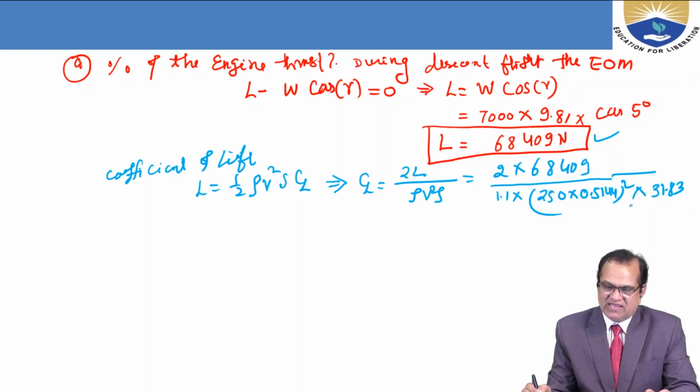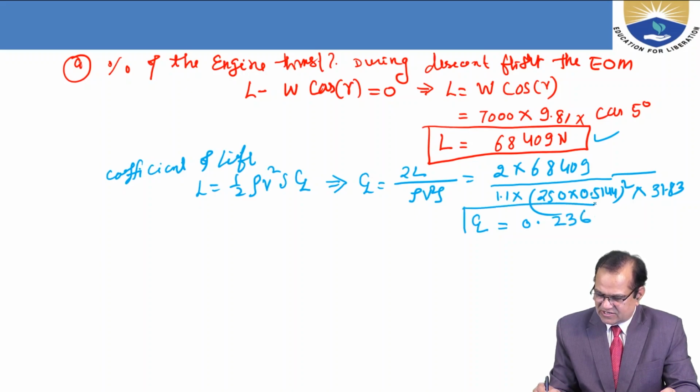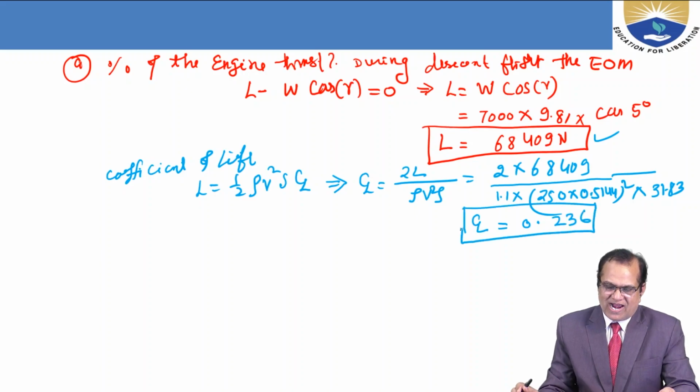Area is given as 31.83 meter square. So we will get here the CL is equal to 0.236. So now we got the CL.